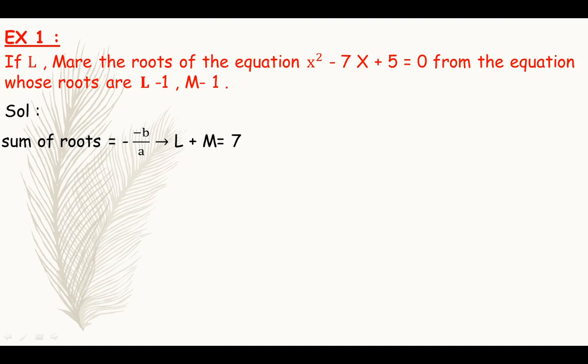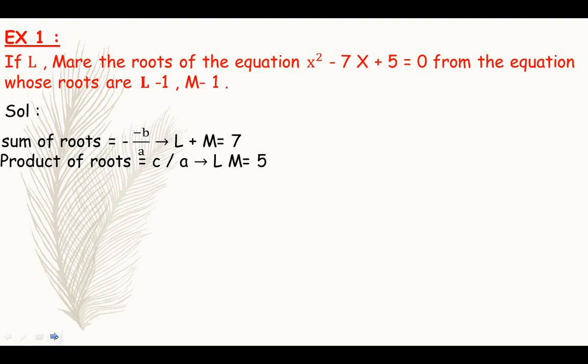So L plus m equals negative b over a, which equals 7. Product of roots is c over a. C equals 5 and a equals 1. So the product of roots, we are going to translate it to Lm. So Lm will be equal to 5.